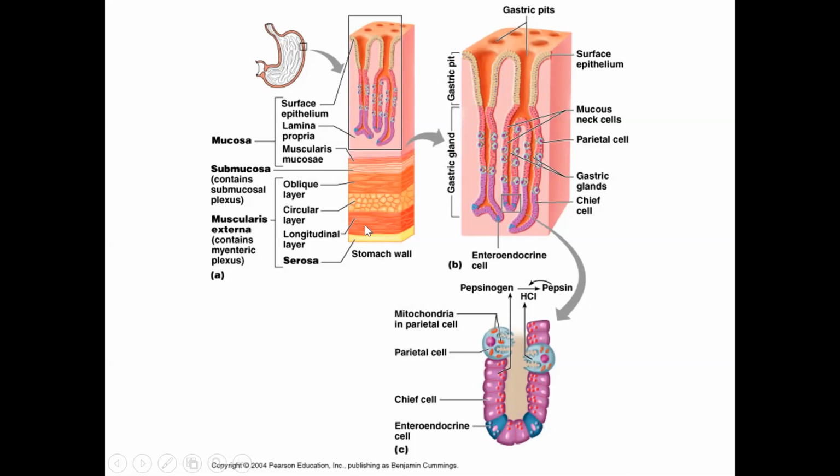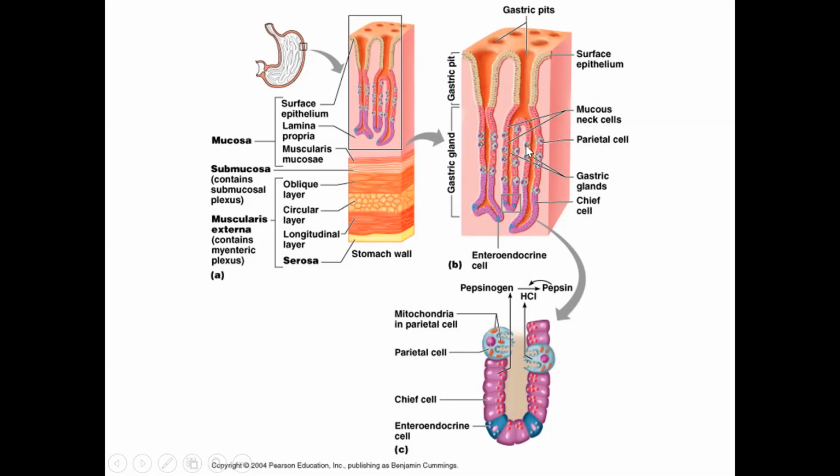Okay, so if we enlarge just the mucosa layer right here, you can see from the surface, right here is the lumen, you can see these gastric pits, with specialized epithelial cells, specialized to make the glands. So these are specialized cells. One is called parietal cells.